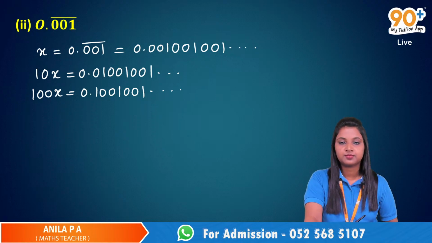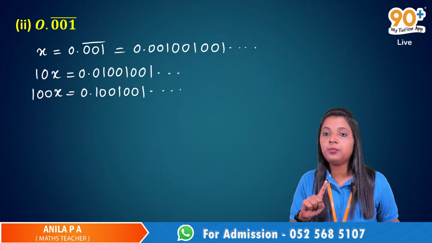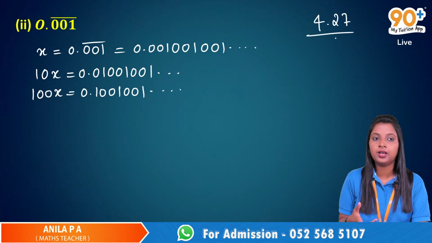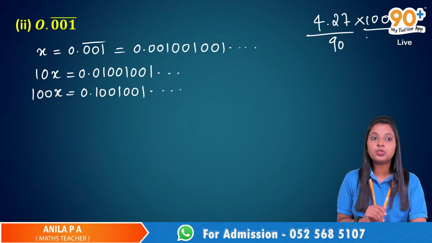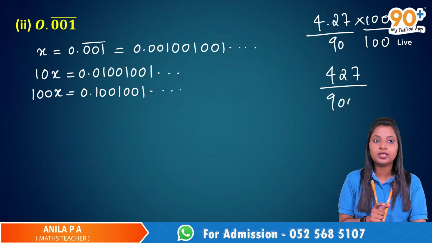Wait a second, Ayman. If after the decimal point there are two numbers, like 4.27, you have to multiply with 100. You have to remove that decimal from there. So it will be 427 divided by this.